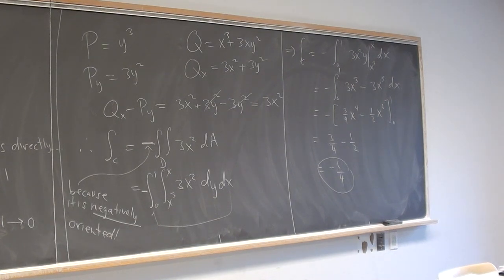So remember your Calc 3, remember how to set up double integrals, that's going to come back. In the divergence theorem, you're going to have to set up triple integrals. So you need to remember these things.